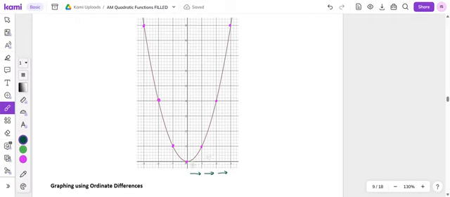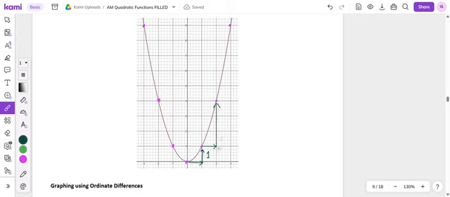Now, so far we've been going 1 across each time to get the next point. So when I went 1 to the left or 1 to the right, how many steps up did I go? Well, I went from 0 to 1. So I went 1 up. When I went again another 1 across, so from x equals 1 to x equals 2, how many steps up did I go this time?